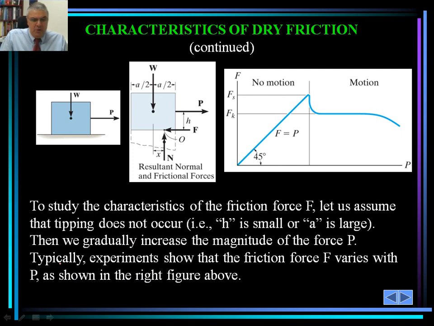So let's take a closer look at some other characteristics of dry friction. The figure on the top right hand side of the page shows the applied force P versus the resisting force F. So as the force is being applied, and again, this is the 45-degree angle of the P versus F diagram.